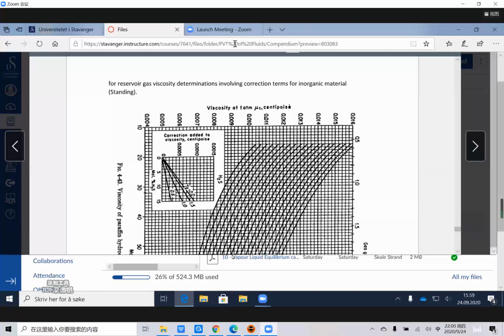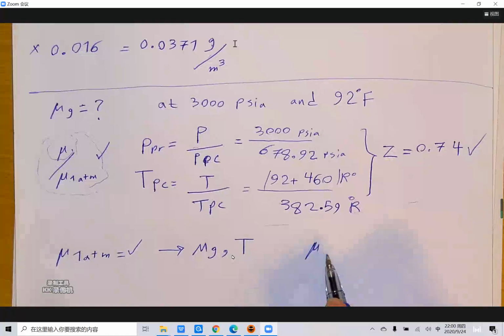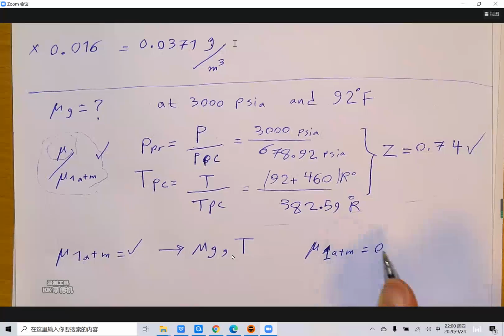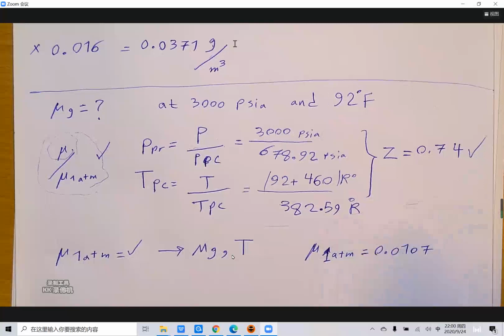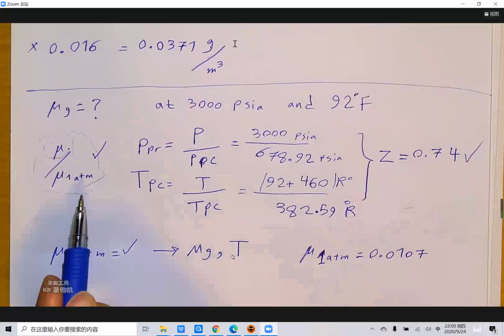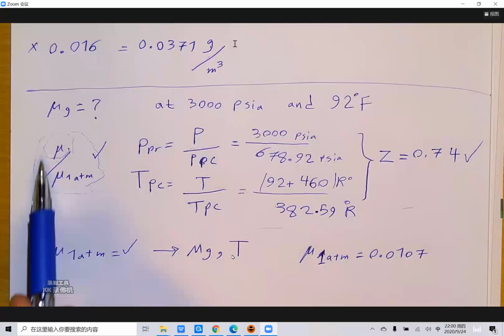So using that figure, I found the viscosity at 1 atmosphere, that is 0.01707. So now we have this ratio, we have also this one, and we can find the viscosity of the gas.